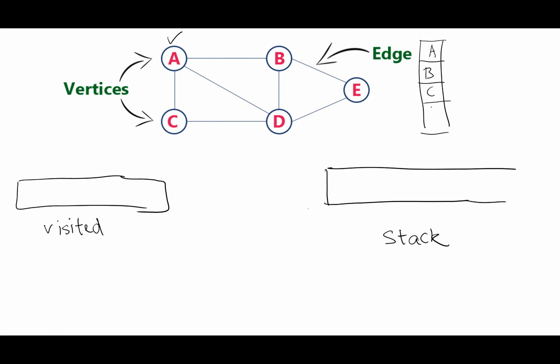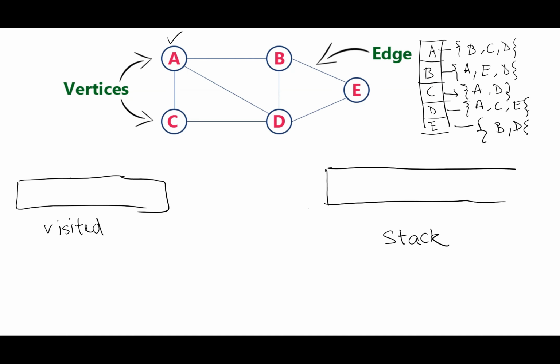So the list for A's neighbors are, say, B, C, D. For B, it's A, E, and D. For C, it's A and D. For D, it's A, C, and E. And for E, it's B and D.